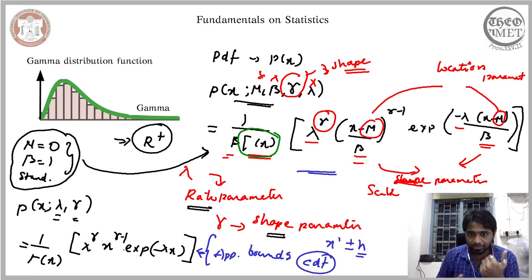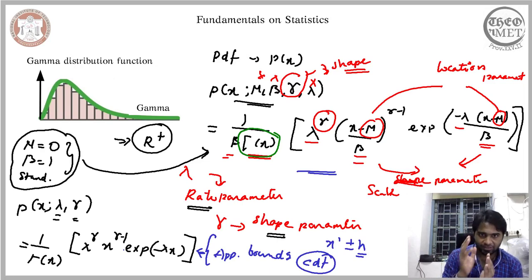In addition to that, the range of values, from the least to a desired value, can also be estimated. So cumulative means we are summing up the different probabilities, and the cumulative probability can also be estimated from the PDF by imposing the appropriate bounds.